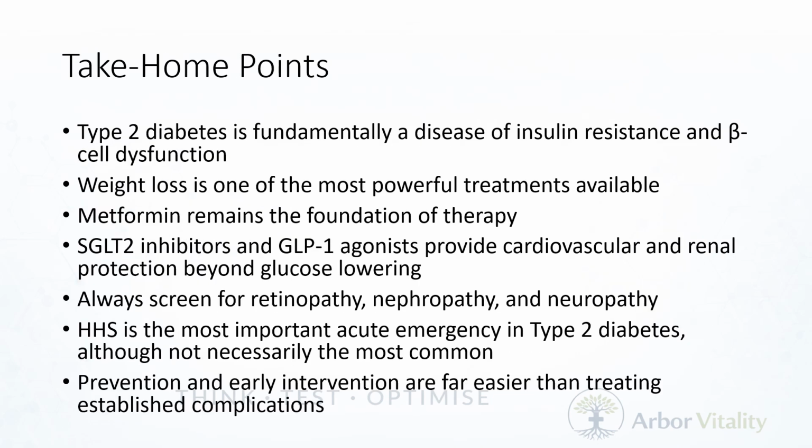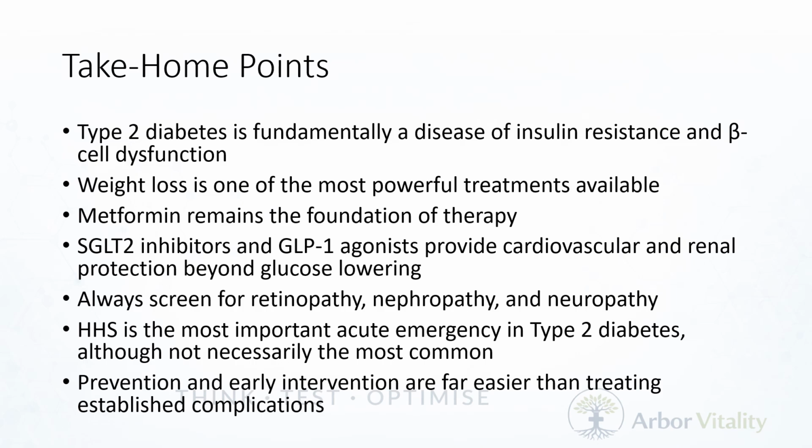So what is our take-home message? Type 2 diabetes is fundamentally a disease of insulin resistance and pancreatic beta cell dysfunction. Weight loss is the primary lifestyle modification that works in diabetes. Metformin is going to be prescribed as the foundation of your therapy for all of your type 2 diabetics. And all other medications are adjuncts that are tailored to fit the patient.